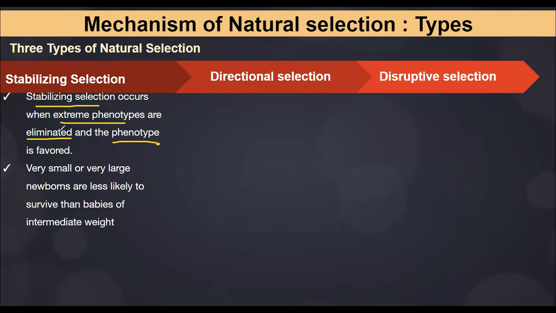So when extreme phenotypes are naturally eliminated by nature, they are not selected, and the most favorable phenotype is favored by the environment.